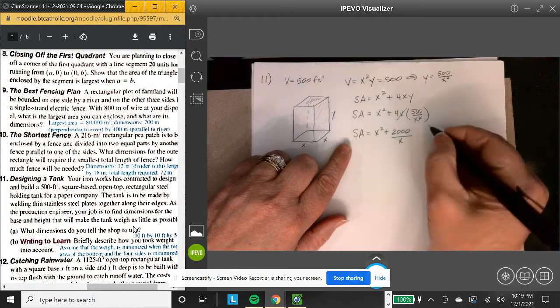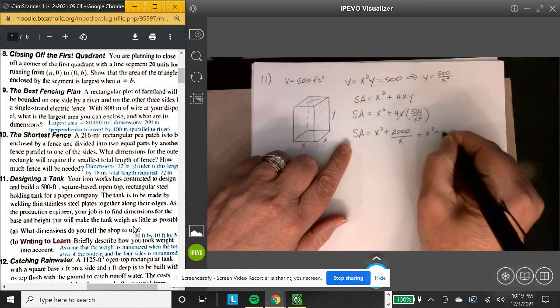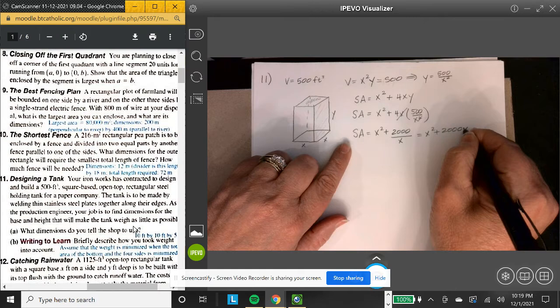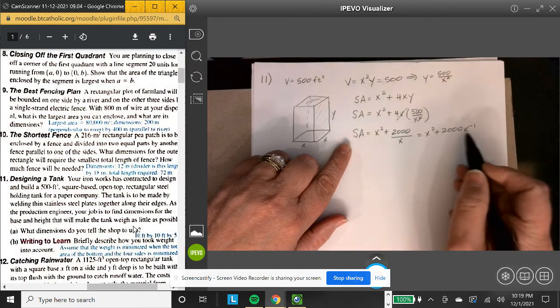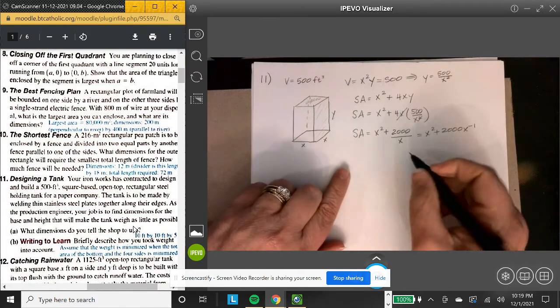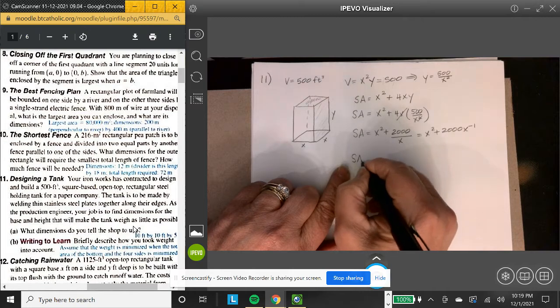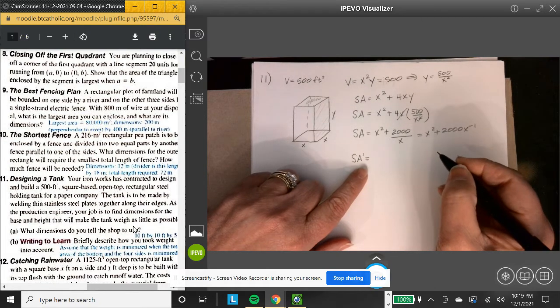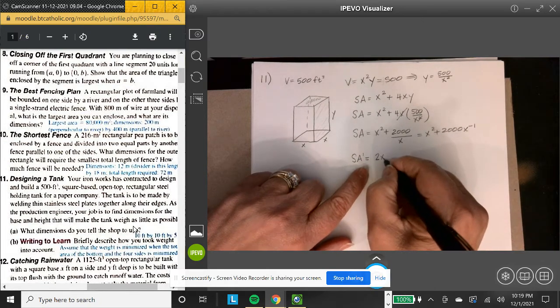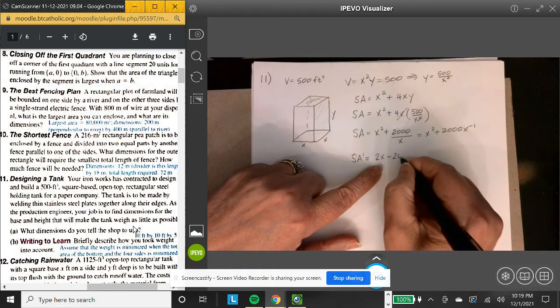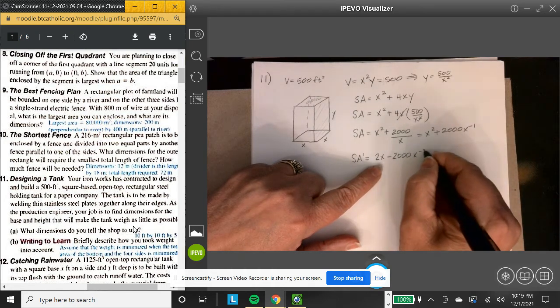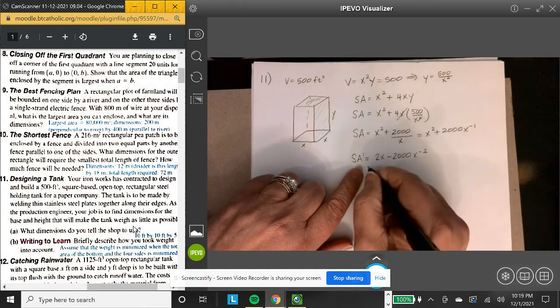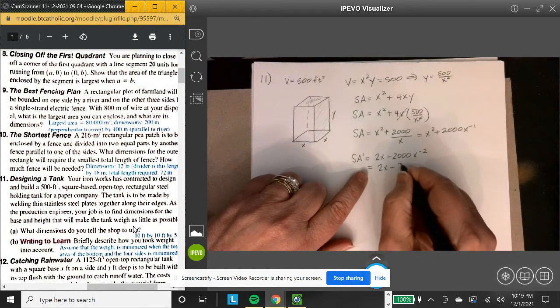Now I'm going to rewrite this as x squared plus 2,000 x to the negative 1, because I want to take the derivative of that instead of using the quotient rule here. So let's take the derivative. SA prime is equal to 2x minus, if I use the power rule, 2,000 x to the minus 2. Now I'm going to put things where they belong. We get 2x minus 2,000 over x squared.